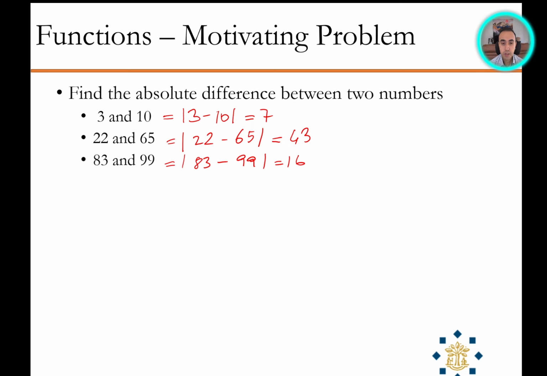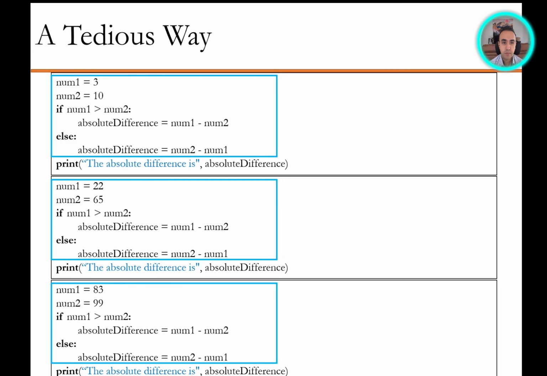Okay, so we were able to write it down mathematically, but we need to write it down computationally. So here is a tedious way. You can write the same code 3 times. So you can define num1 and num2 3 times separately, and then check if num1 is greater than num2, then the difference would be num1 minus num2, because this would be positive, right?